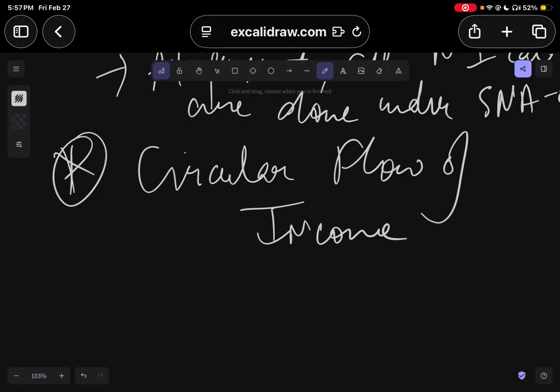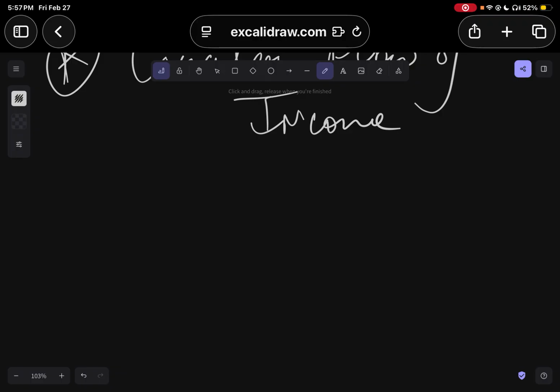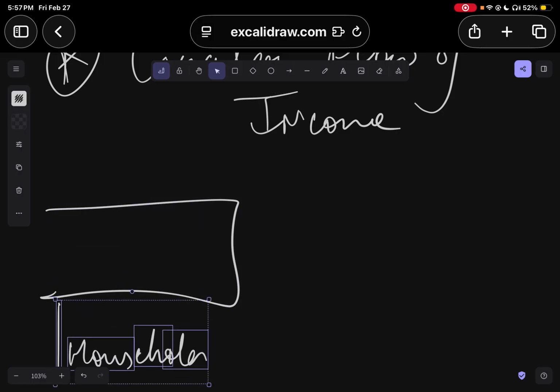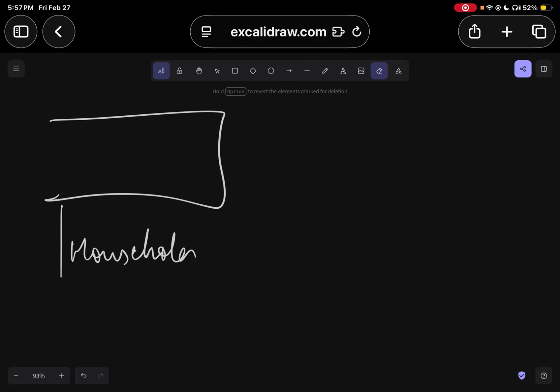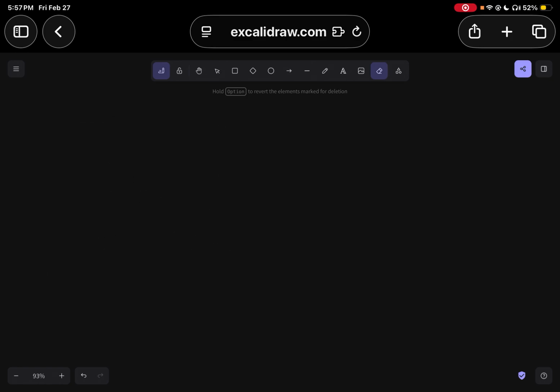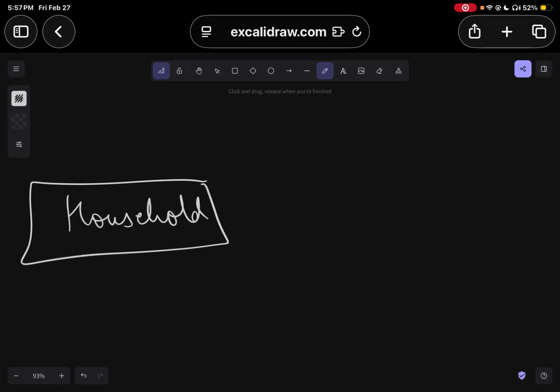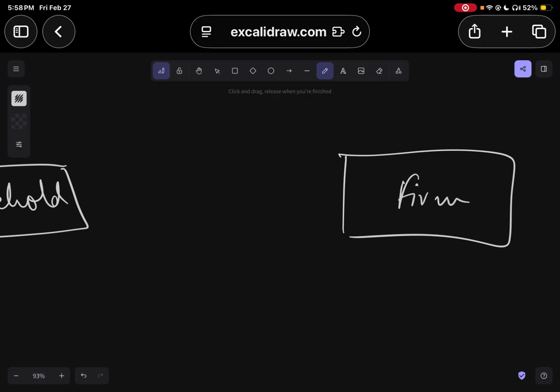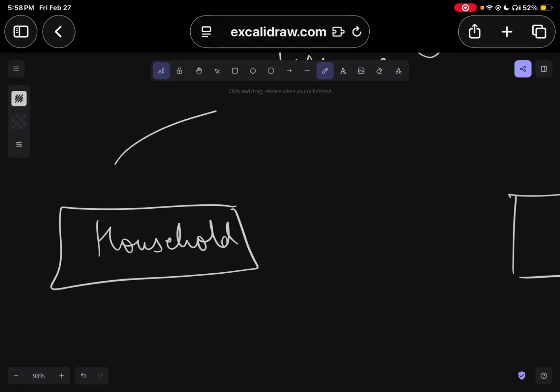So in a two-sector circular flow, it is quite simple and we can always see it in the textbooks. So there is a flow.